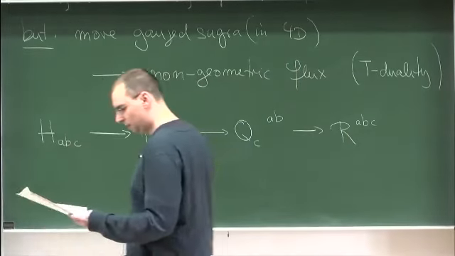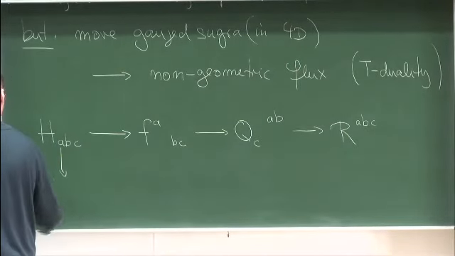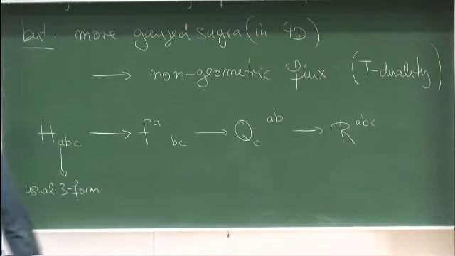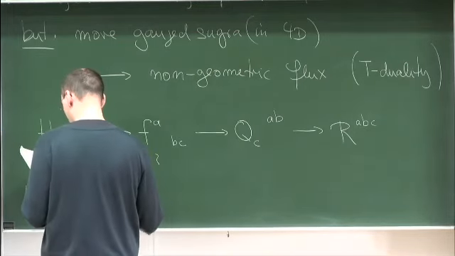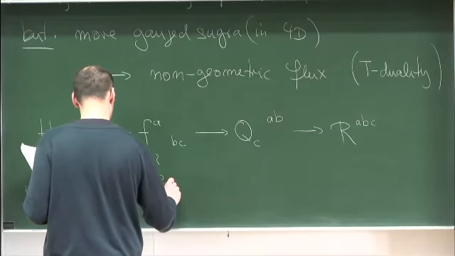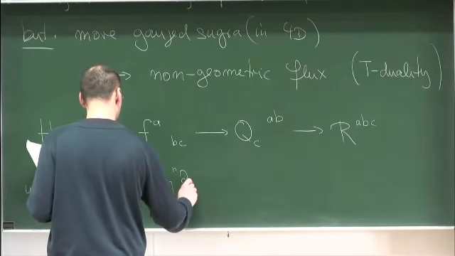And as I said, the H is just the standard usual 3-form. Now T-duality links the B field to the metric, so this F is basically what is sometimes called the coefficients of anholonomy. So it's this combination.